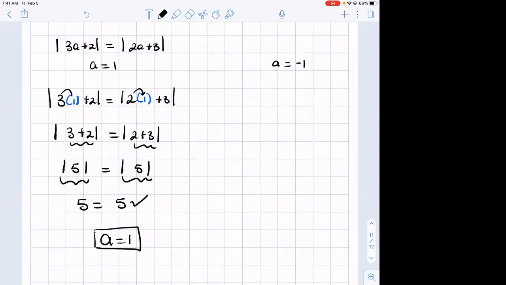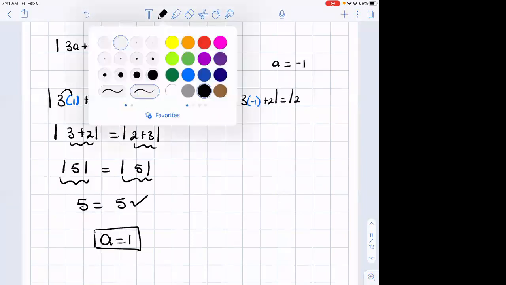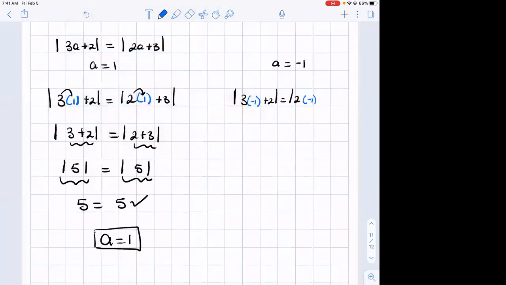We'll do the same thing and check when a is negative 1. So 3, now we're replacing our a with negative 1. 3 times negative 1 is negative 3.